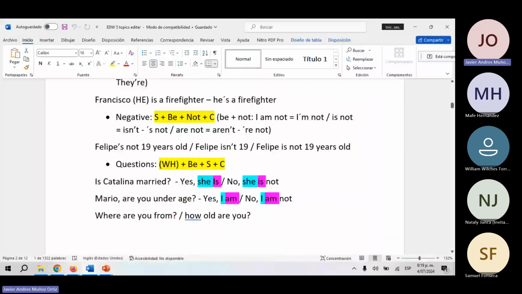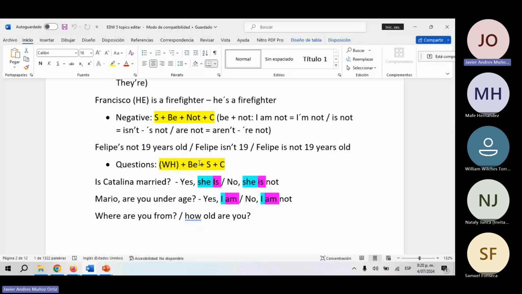Okay. And questions. What about questions? In Spanish, we change the order of words to create a question, right? For example, Mariana está casada, right? Mariana is married. But if we don't know, we are not sure, we want to know if that's correct, if that is true, right?